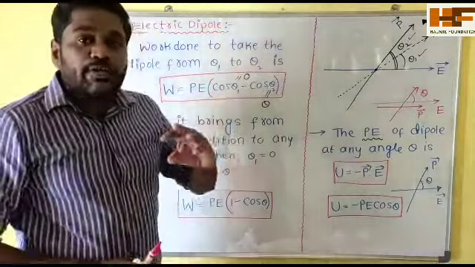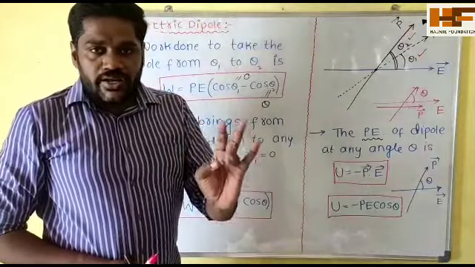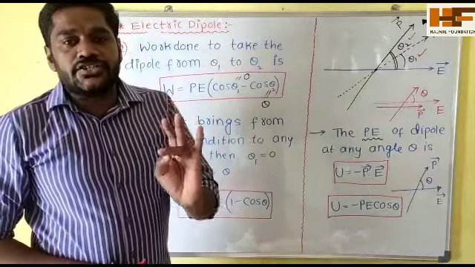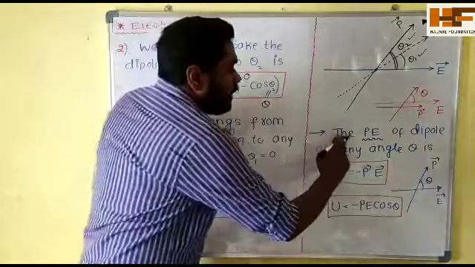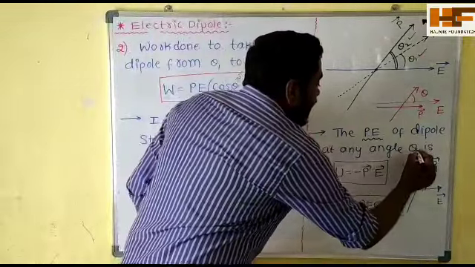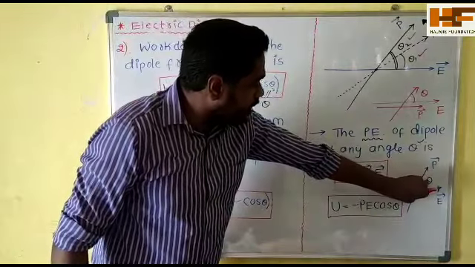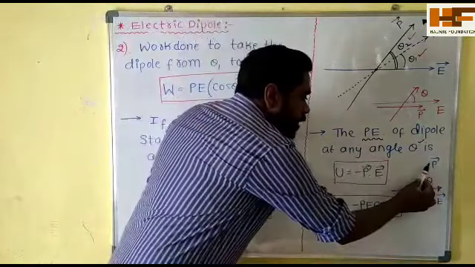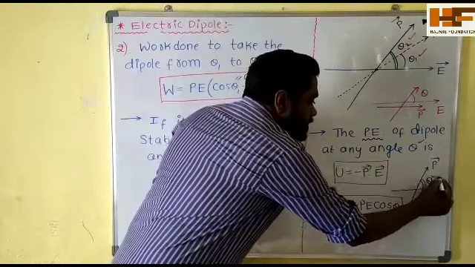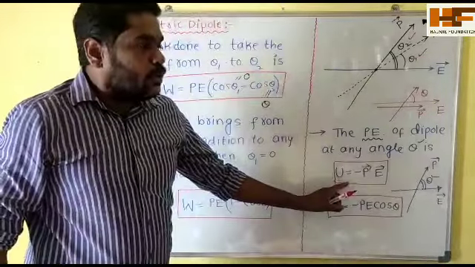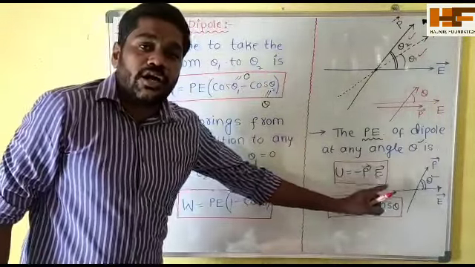And one more is potential energy: torque, work, and potential energy. The potential energy of a dipole at an angle theta, where this is the dipole, this is the electric field, and this is the angle theta, is U equal to minus P bar dot E bar.